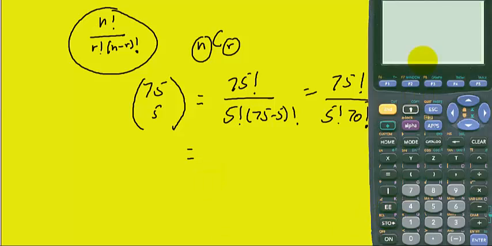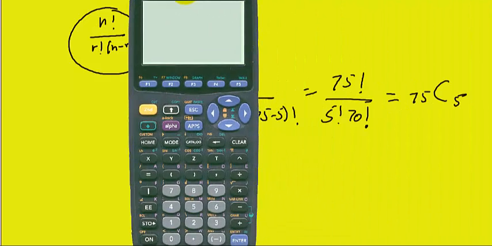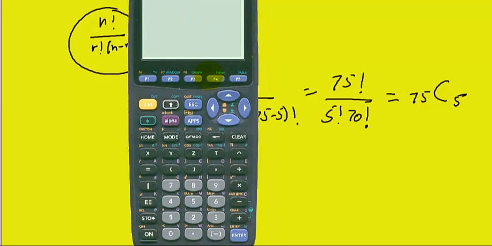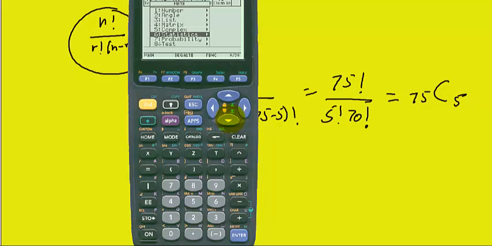When you go to your handy dandy calculator, you turn it on and go to probability, if you have a graphing calculator. I think your scientific calculators will have this also, so I'll show you that button tomorrow in class. You've got nCr, you see that, and you punch in 75, then a comma, then 5, and hit enter.